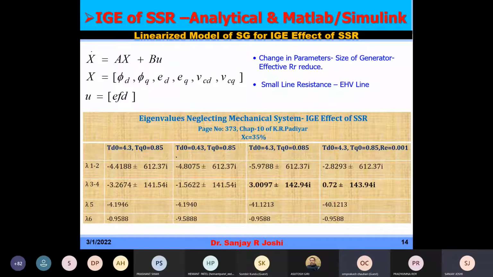Now you see here that I am taking 2 crucial parameters of the machine, TDO and TQO. There are 4 different sets of these parameters. In a way, if I change the machine, I will have different sets of TDO and TQO.